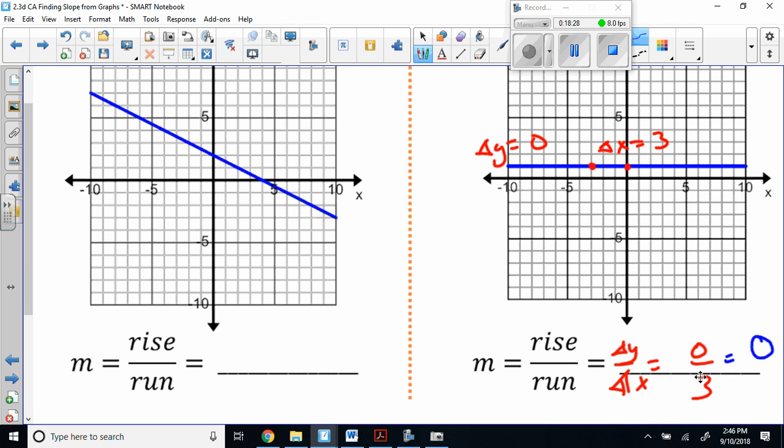So when 0's in the numerator, in the top, then your answer is 0. 0 divided by any number is 0, right? Okay, guys, the vertical line and the horizontal line are 2 special cases. They have set answers, period, no matter where those vertical horizontal lines are.